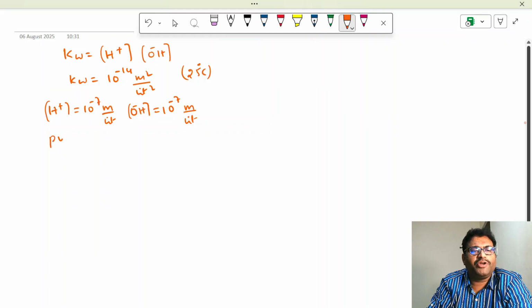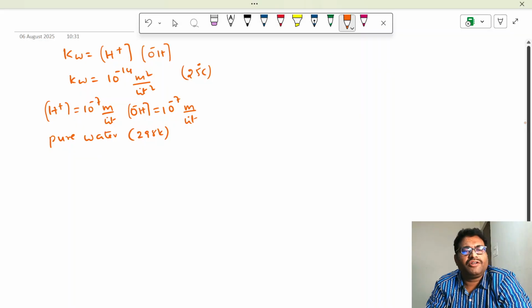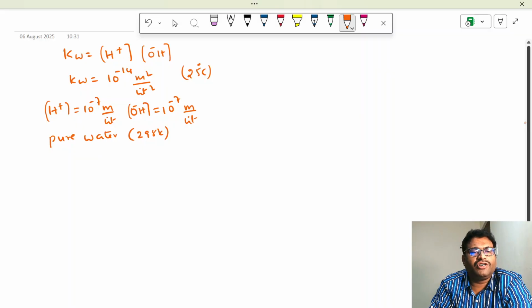So here it is pure water at 298 Kelvin. These are the conditions for neutral solution or neutral water. Neutral represents that it is neither acidic nor basic. For a neutral solution, H plus ion concentration is equal to 10 power minus 7 moles per liter and OH minus ion concentration is also equal to 10 power minus 7 moles per liter.